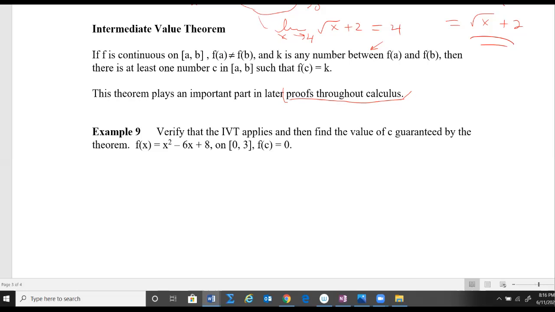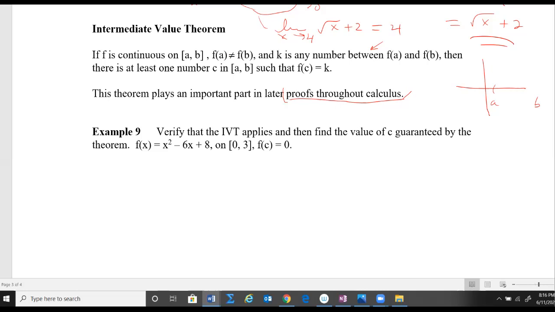Okay, so now graphically, let's look at the theorem. You have a continuous function from A to B. Okay, it's a closed interval. So the function exists here. Let's say f of A is here.